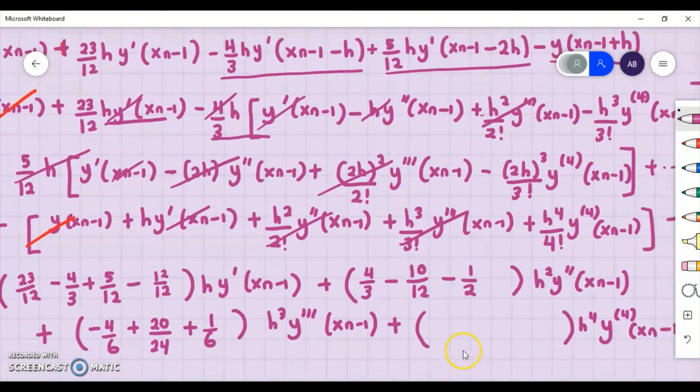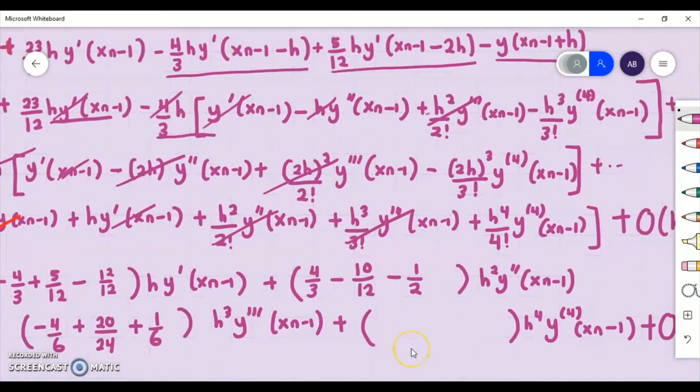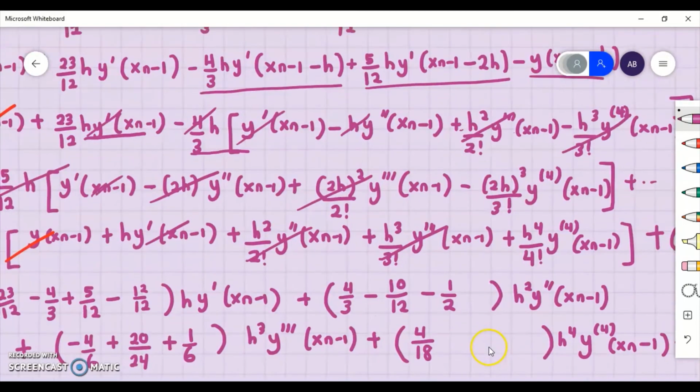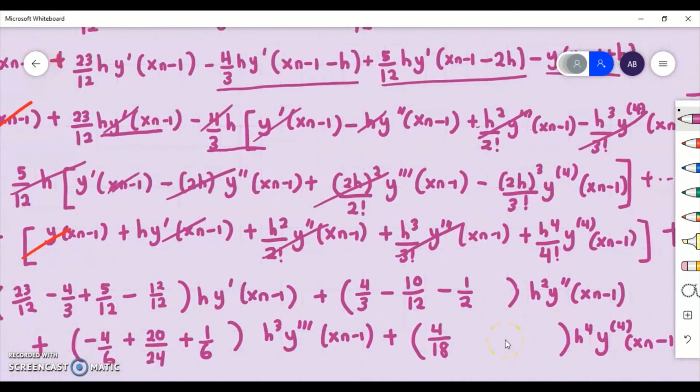Now the remaining terms involve h to the power 4. h cubed times h is h to the power 4. Negative, negative, positive: 4 over 6 times 3, 18. Now this one here, let me see what's the constant in front: 5 over 12 times 8 over 6. 8 times 5 is 40, and make sure there's a negative: 40 over 6 times 12, 72.